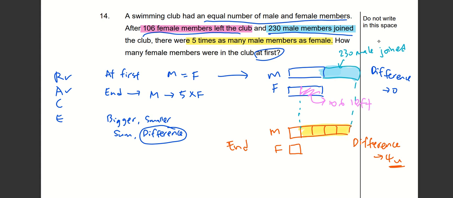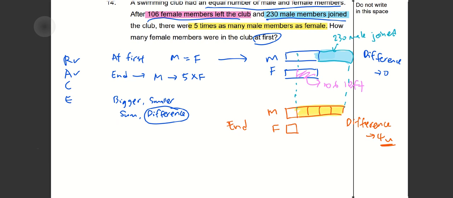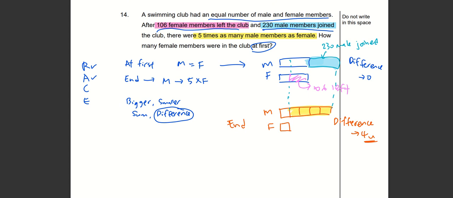According to the model, at first the difference was 0. Now the difference became 4 units, and this 4 units was the change that happened. That is, the part of the females that left, which was 106, this portion here.